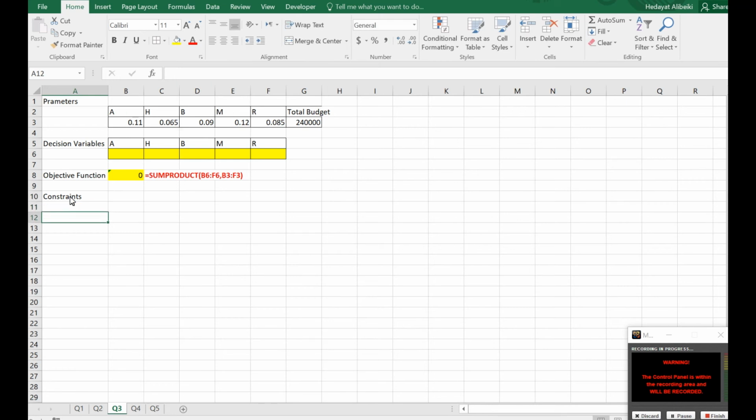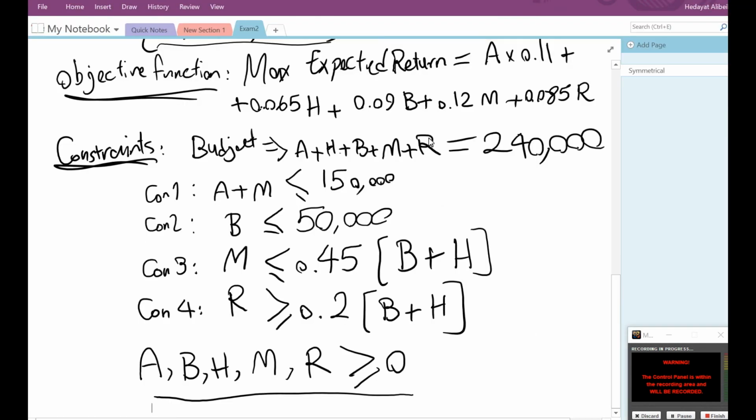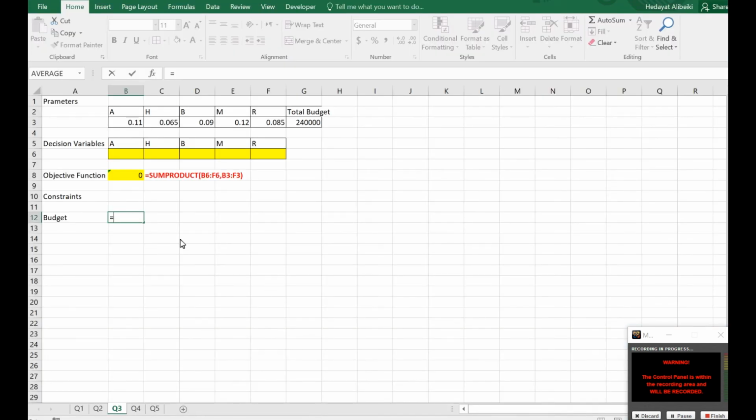The first one is budget. So the total investment is the sum of decision variables, and it should be equal to, I just use it to show that it should be equal to my budget.